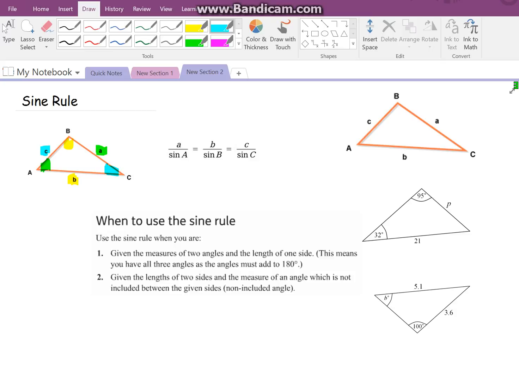So it's small b, large B, if that makes sense.